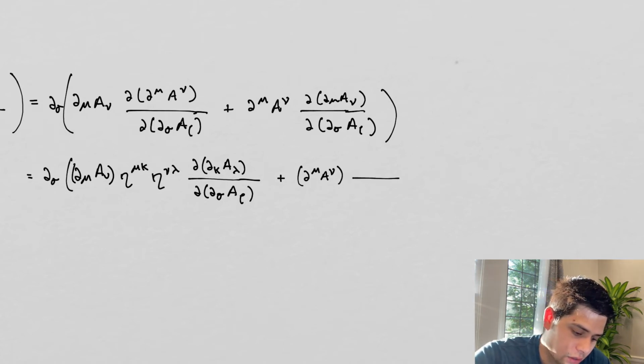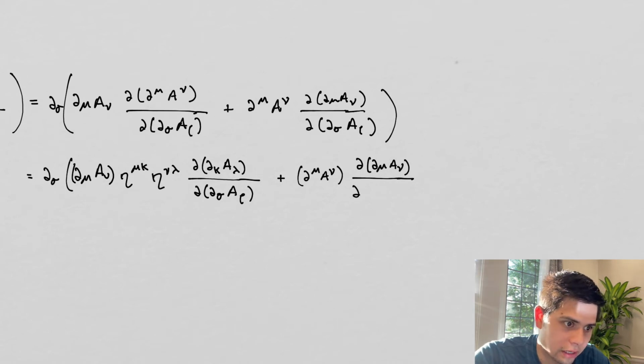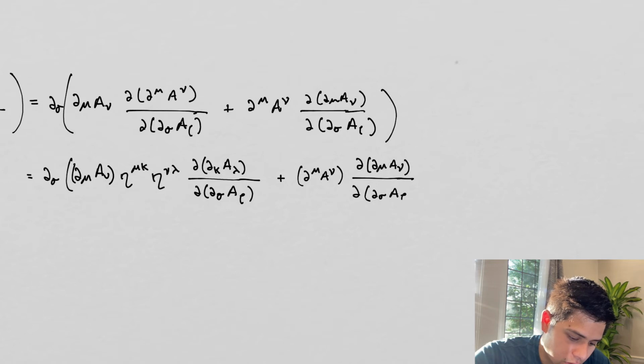This one already has lower indices on it, so I'll just keep it as is, because we want everything in lower indices now. So we're bringing everything down in lower indices.